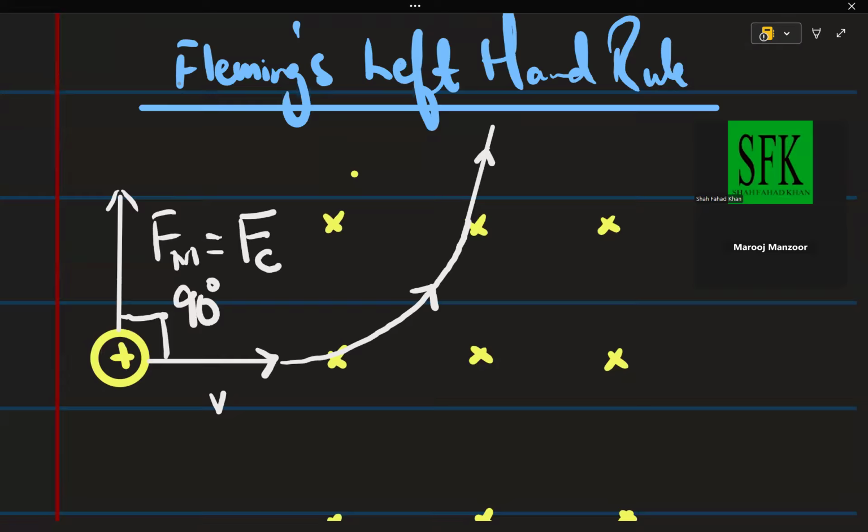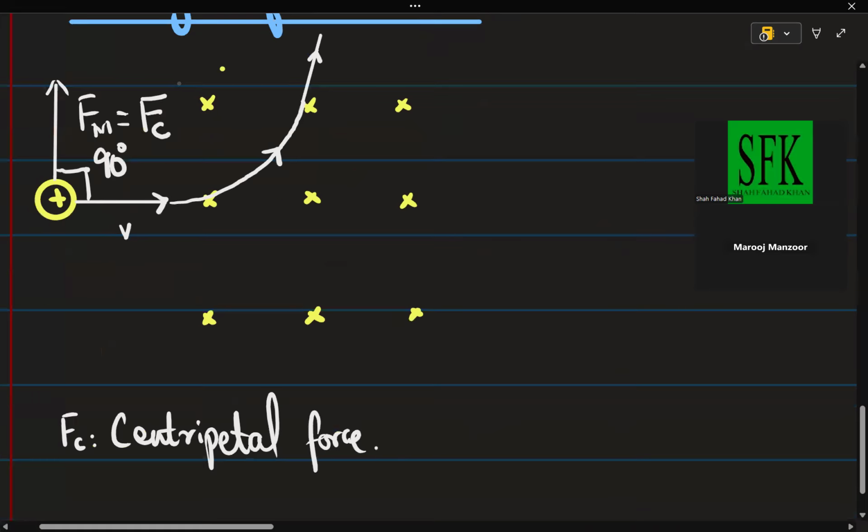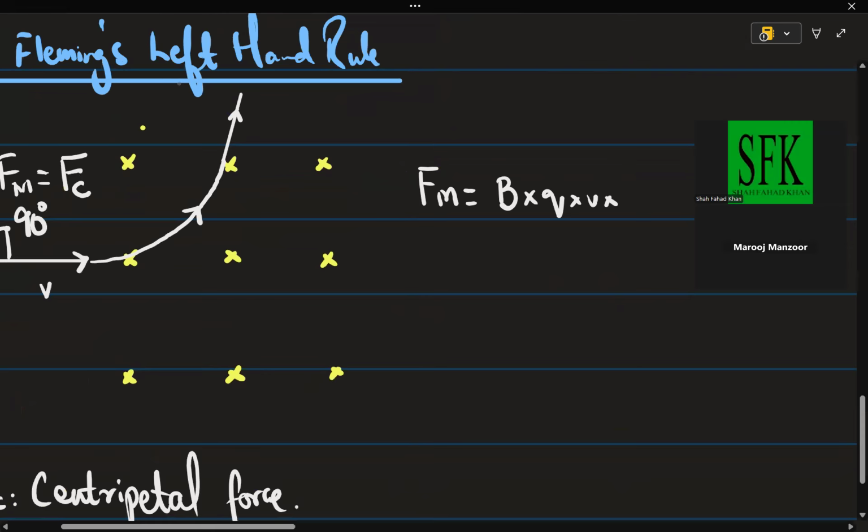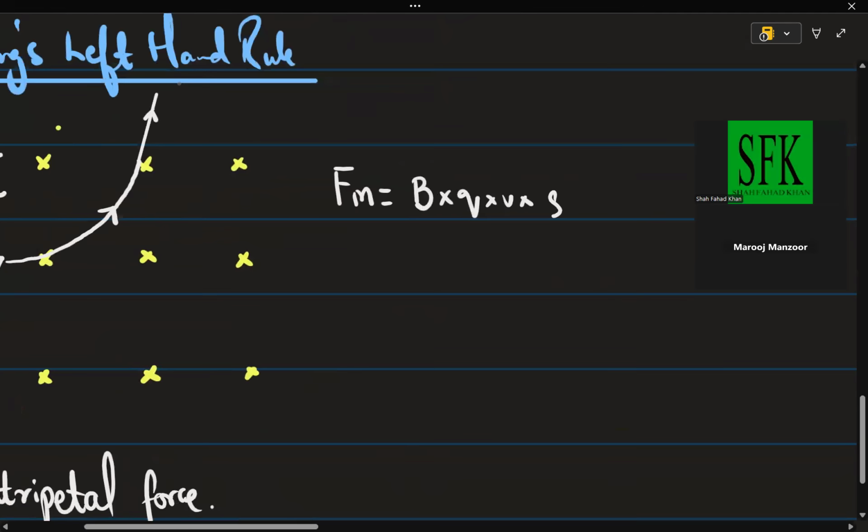Apart from that, if you need to calculate the magnetic force, there's a formula for that as well. Fm can be calculated by using the formula B multiplied by Q multiplied by V multiplied by sine of theta.